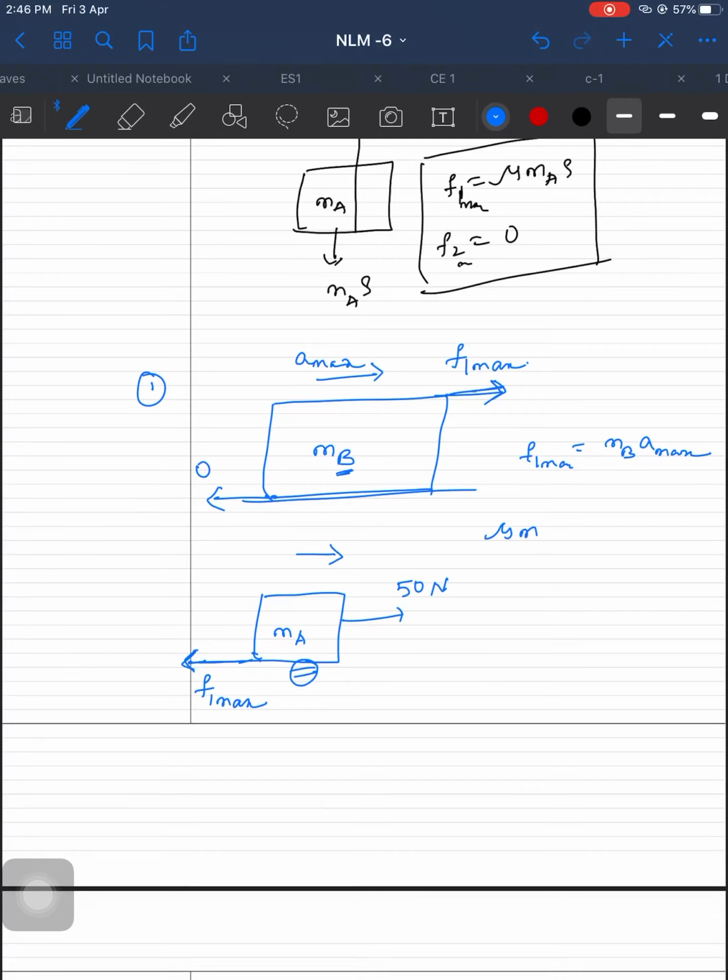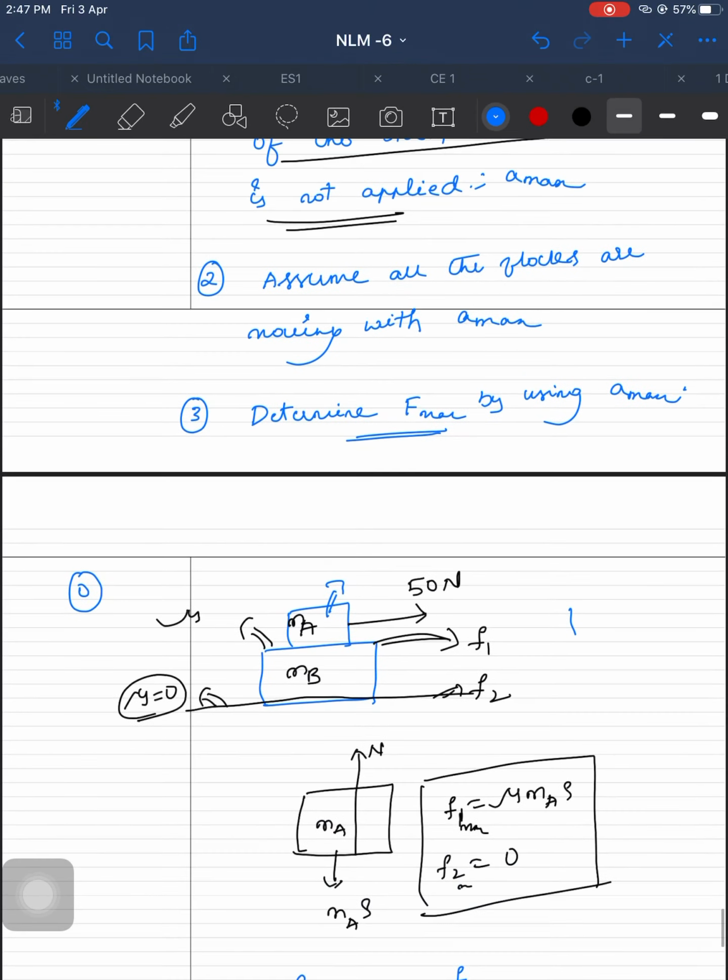F1 max is equal to how much? Mu into MA into G, equals MB into A max. A max is equal to mu MA over MB multiplied with G. This is the maximum acceleration. The first step is also over.